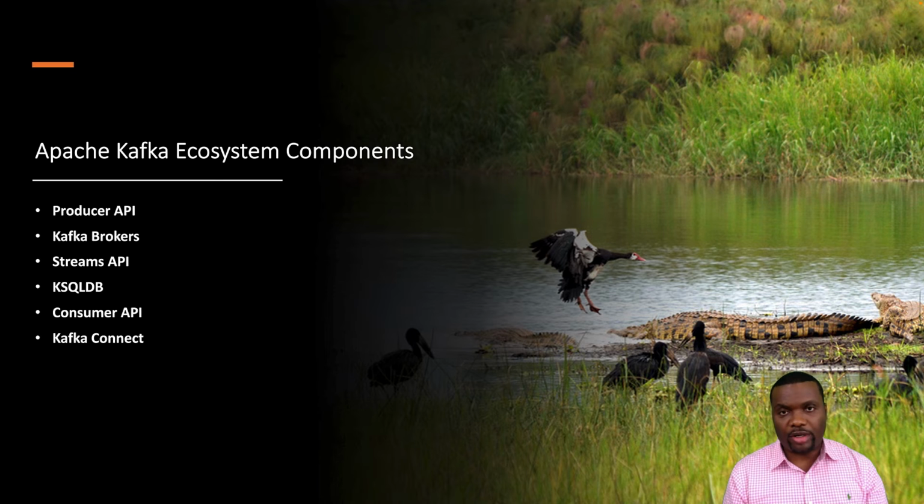And then we have Kafka Connect. Kafka Connect is another ecosystem component or API within the Kafka ecosystem that allows you to connect to data sources. So the Connect API has two components. One component allows you to retrieve data from different data sources and put that into the Kafka brokers for storage.